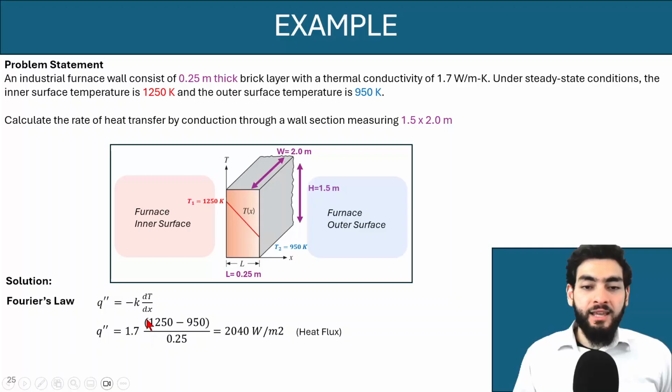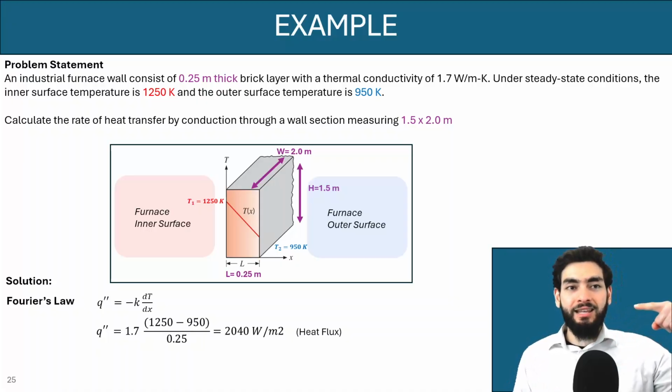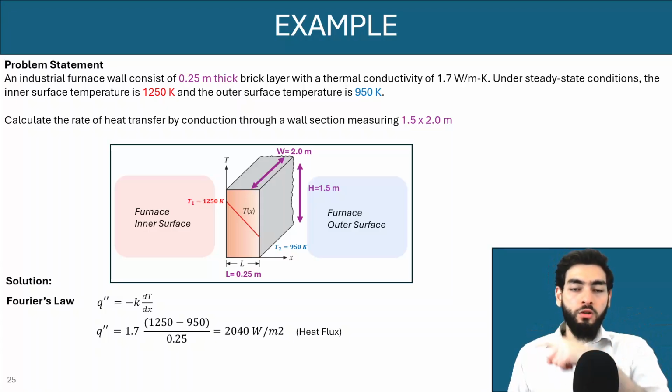In this case, it would be 1.7 watts per meter Kelvin multiplied by the difference in temperature, 1250 minus 950 kelvins, over the length, which is 0.25 meters. This gives you a heat flux of about 2040 watts per meter squared. This is the amount of heat flux that is penetrating through the wall.